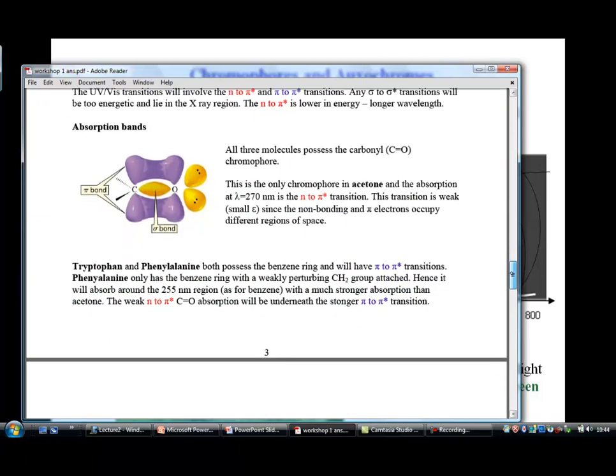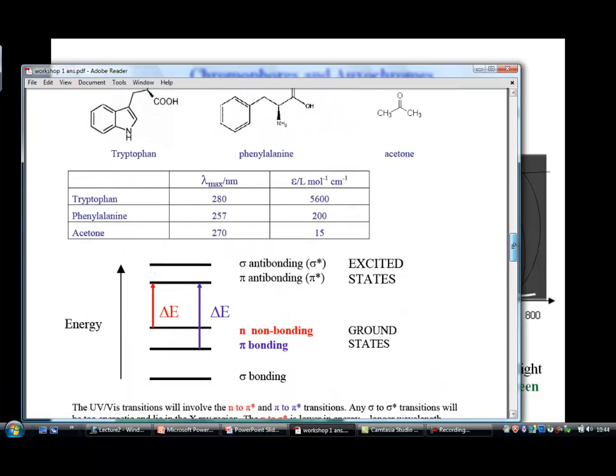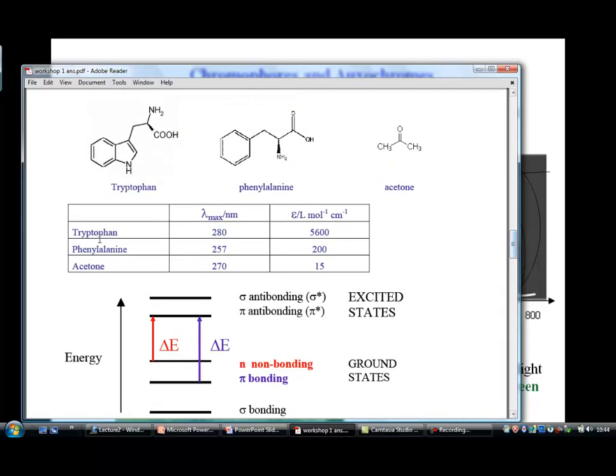So what's the main thing here, I suppose, just from what we've talked about, is that as you go from phenylalanine to tryptophan, you're increasing the conjugation of the system. So tryptophan has got 2 rings, and phenylalanine has just got 1.